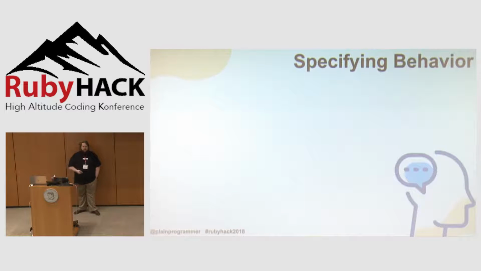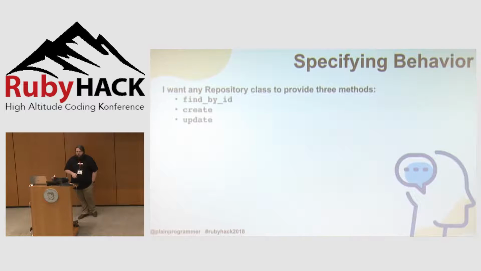So, in terms of specifying the behavior for a repository, I want any repository class within my system to expose at least these three methods. I want to expose find by ID, create, and update. Right? The same sort of things that we saw in the formal interfaces.